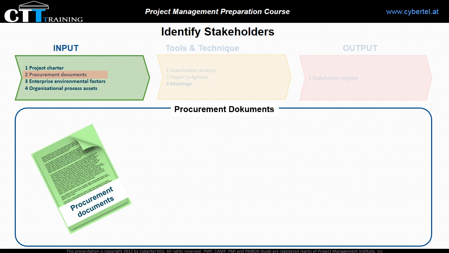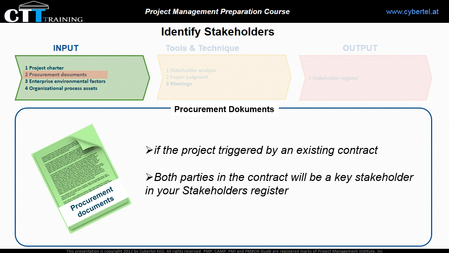You should collect these documents if the project is triggered by an existing contract. For instance, the organization may have a long-term contract with a supplier that provides different services. In this case, both parties in the contract will be key stakeholders in your stakeholder register, and also other relevant parties, such as the supplier.